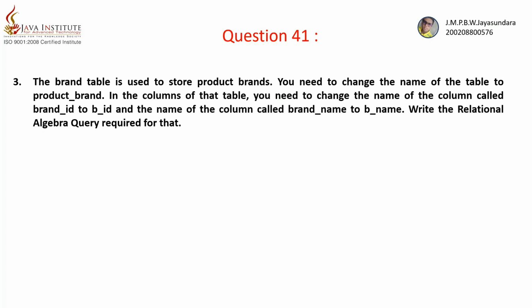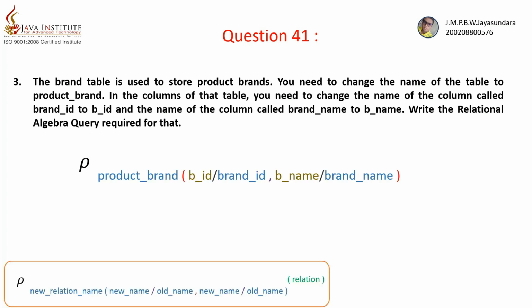So we have to use rho, then insert new names and old names. After that we can insert the table name. As you can see in our question, it says we need to change the table name and the column names too.